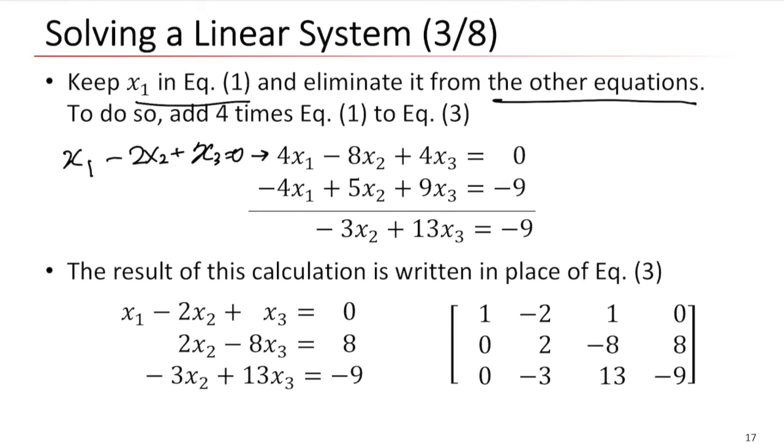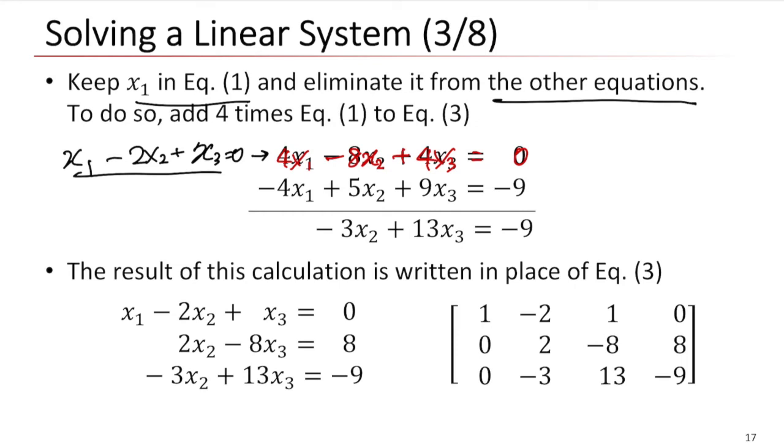We multiply the first equation by 4: 4x1 minus 8x2 plus 4x3 is equal to 0.